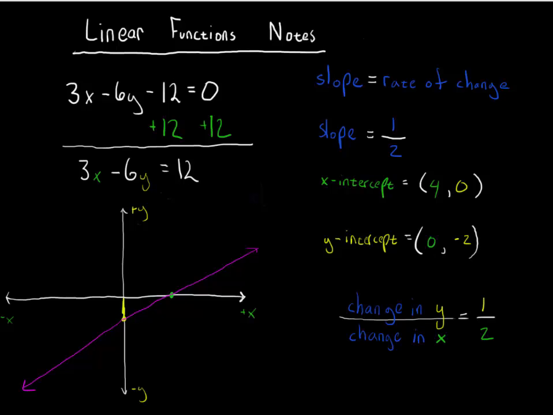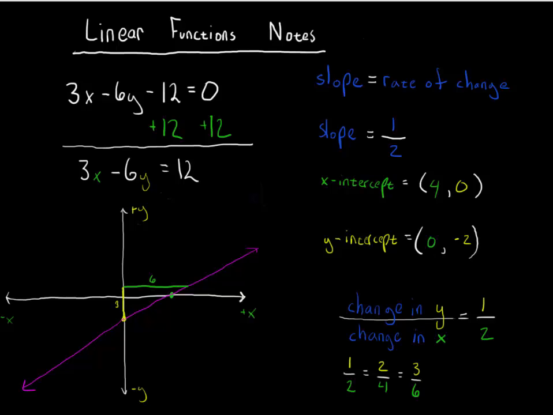If we head up 2, then to keep with the pattern, we need to head over 4. If we go up 3, then we go over 6. This is what it means to have a slope of 1/2. The ratio of the change in y to the change in x is always the same.